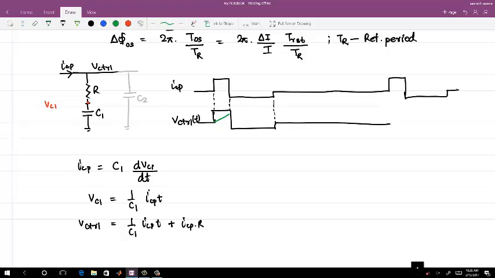Now, in case you had C2, what will be the case? In case you have C2, then you will not see the jump. It might be rising here, right?